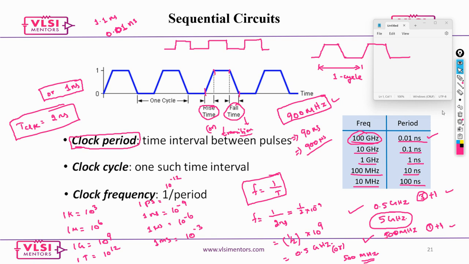You have the table on the right side. You see this? It's 900 megahertz. 100 megahertz is 10 nanoseconds, that's 1 nanosecond. So 900 megahertz, okay.